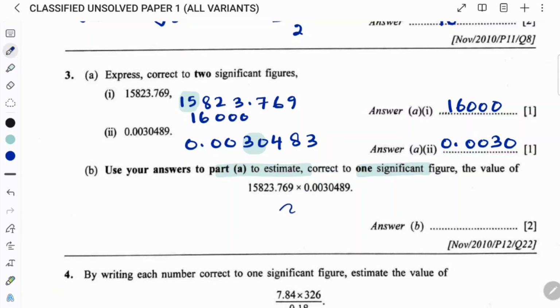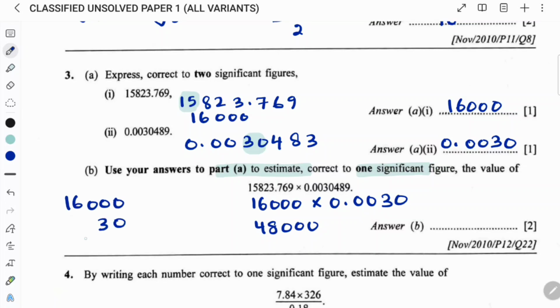So the first one was 16,000, and then you have 0.0030. 16 times 3 is 48. Count how many zeros there are: 3 zeros, and one more zero because you have multiplied 16,000 by 30.